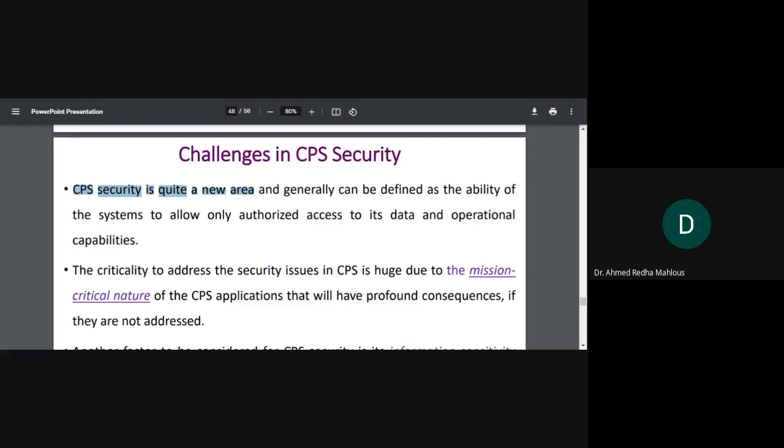And as we mentioned last time, CPS are not the same as any other computers or devices. Of course, they share some similarities, so we can be inspired by the security procedures, policies or measures used in other existing fields.